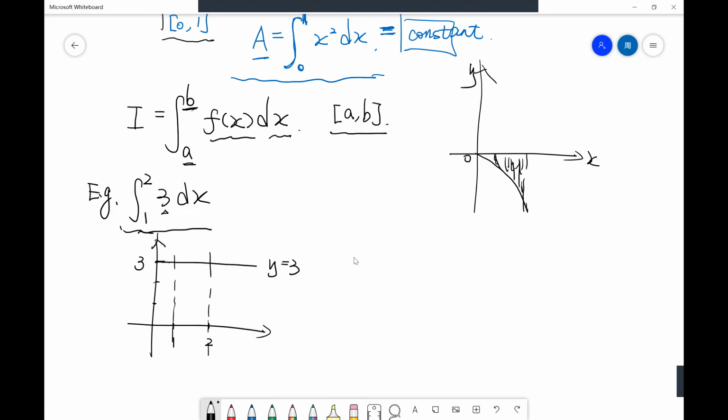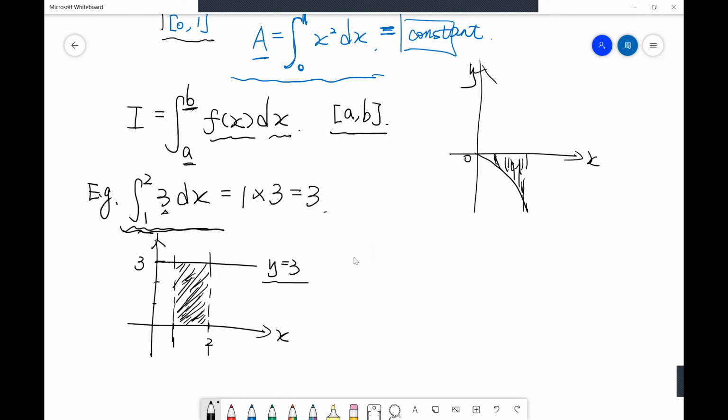So this definite integral means the region lower than y equals 3 and upper than the x-axis. So that means the area of this rectangle. So that equals 1 times 3 equals 3.